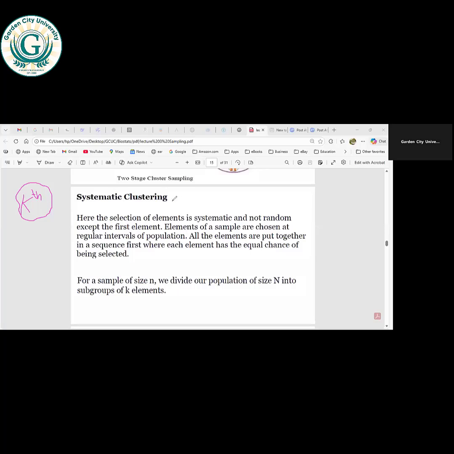For example, when I come to your facility and let's say I want to select some folders in the shelf. Let's say there are 40 or 20 folders in the shelf. I want to select 5 of them. So now I can say that I'm going by systematic sampling. If I go by simple random sampling straightforward, it is possible that I can select only the first 5 folders in the shelf.